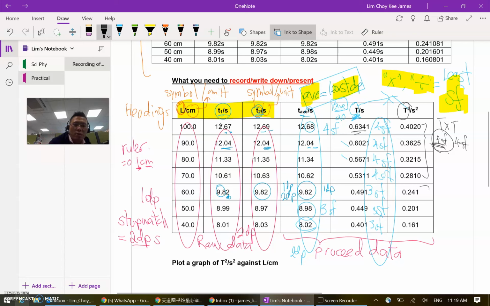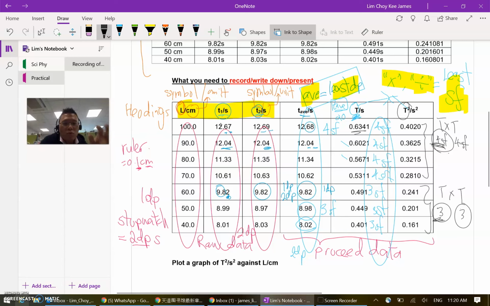For the last 3 data, since my T is 3SF, I'll follow the least of the SF, so T squared will be recorded to 3SF. Again, for T squared, you'll find that the data recorded is in terms of 4SF and 3SF. It's not a standardized SF for everybody.